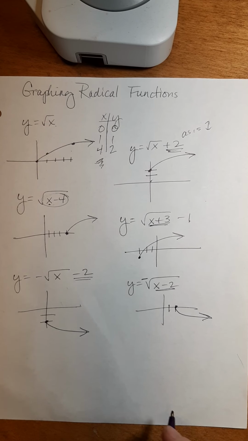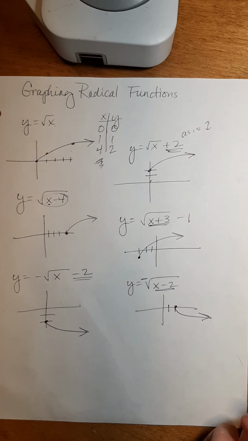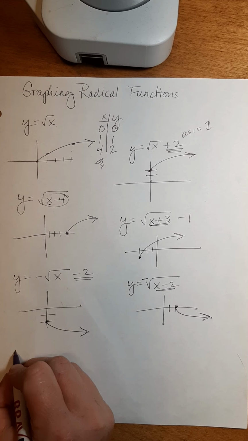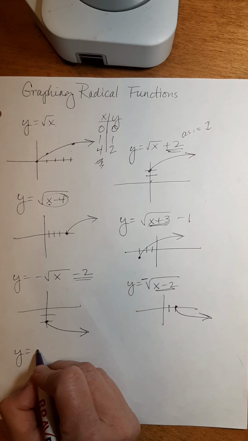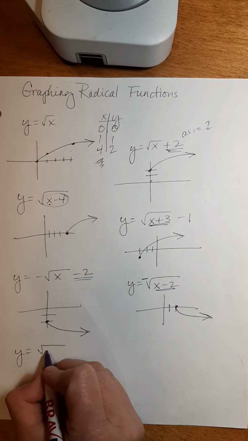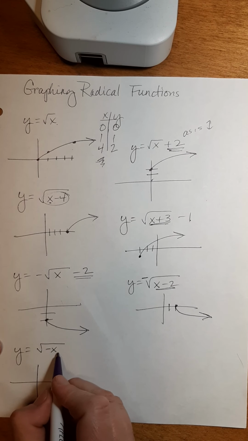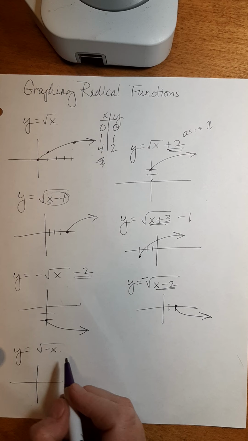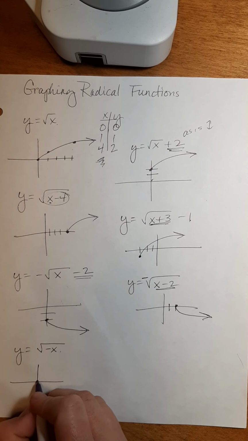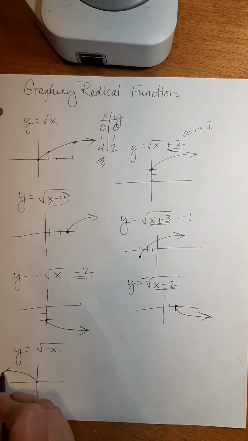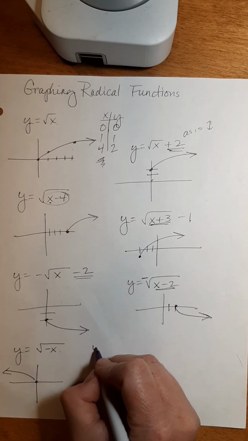Now I know some of you are thinking, well, it's always going to the right. What would make it go to the left? If you have square root of a negative x inside, nothing with it to make it differ from 0, nothing added on the end, it's going to go to the left.